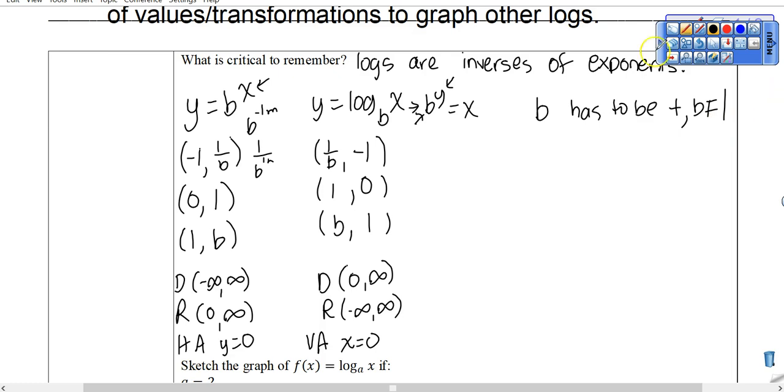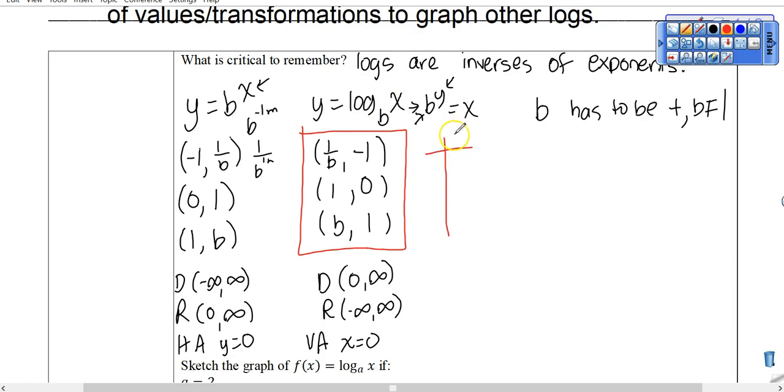So I'm just giving you a generalized statement where we can today choose to graph this set of points when we're graphing a logarithm. Or you can convert it to an exponential if you choose, and you can make a table of values.